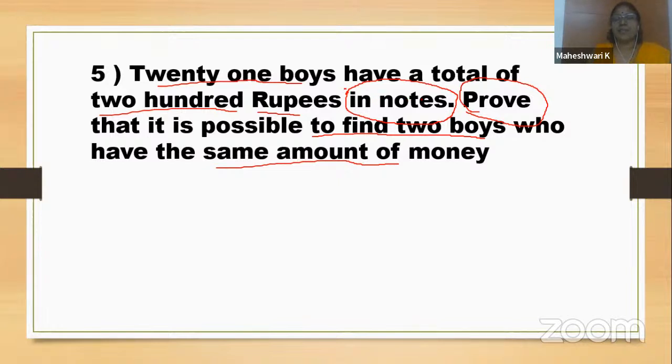It could be coins, notes, or just the currency. Mentioning rupees and notes, even if we remove it, it should be fine. 200 rupees, 200 balls, you can say. It will be the same amount, same number of balls.